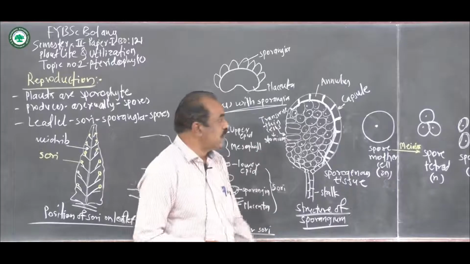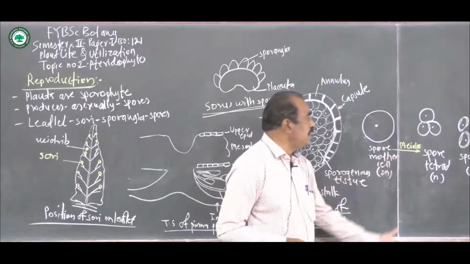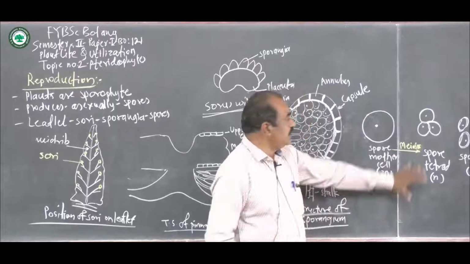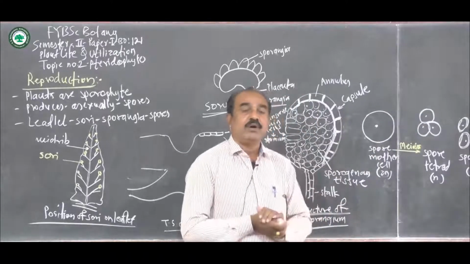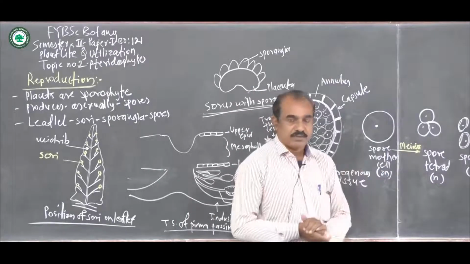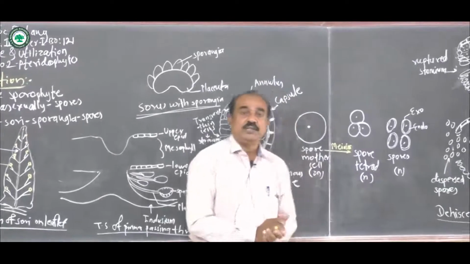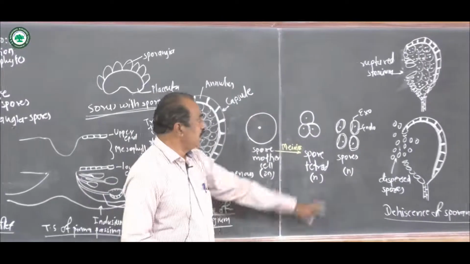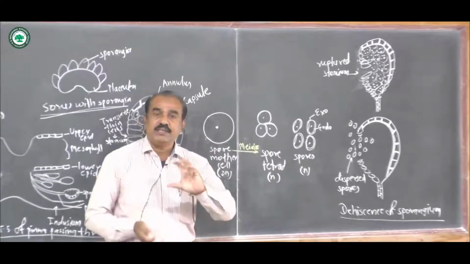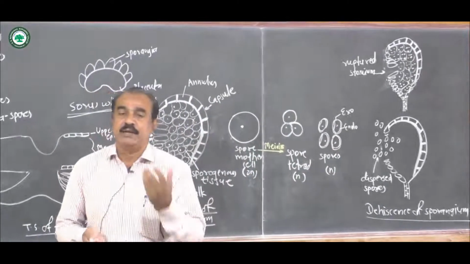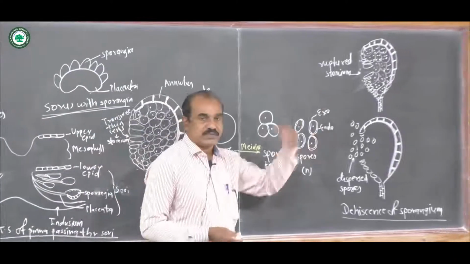It acts as a spore mother cell because it is going to divide, and it divides meiotically into a spore tetrad, and in each tetrad there are 4 cells. All are haploid in nature because they are developed after meiosis. In each spore tetrad there are 4 haploid spores. Now, they are called spores. As for the structure of the spores, they are somewhat circular in outline at maturity, and each spore has 2 wall layers.